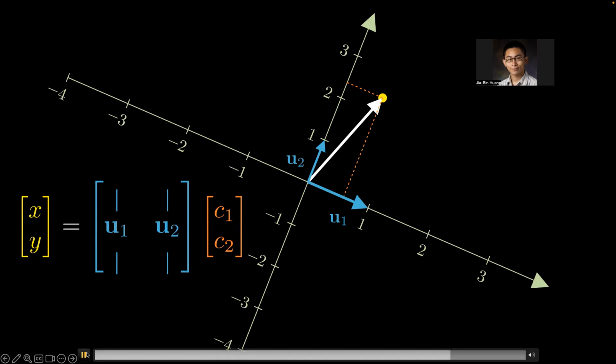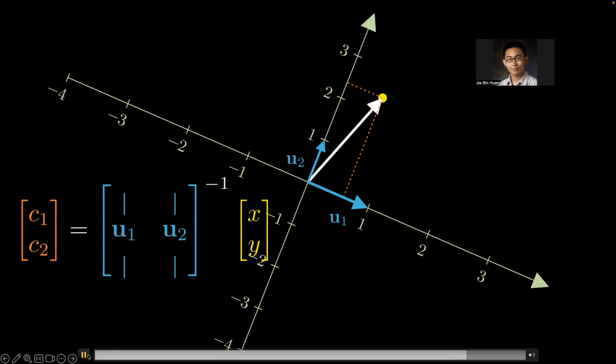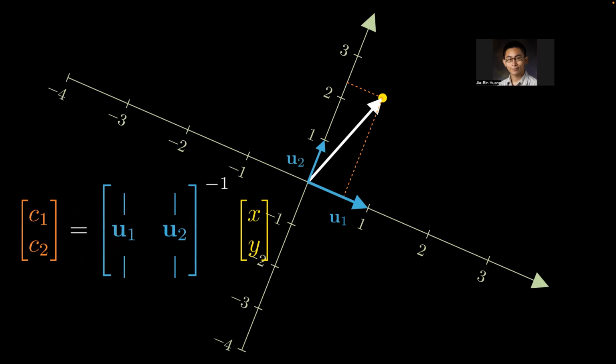Then you can also figure out how much U1 and how much U2 you need to represent the same data. The way to do this is to apply this basis and take the inverse.